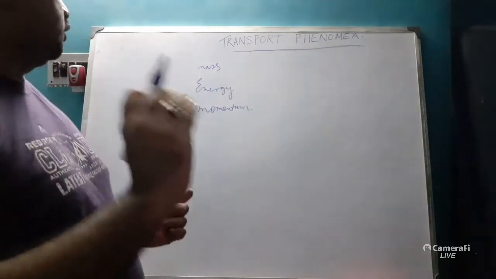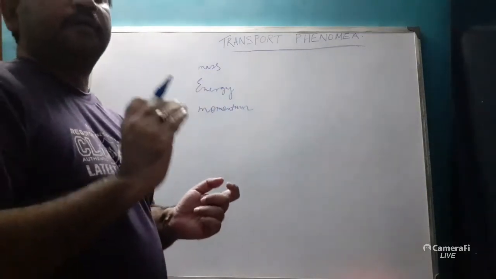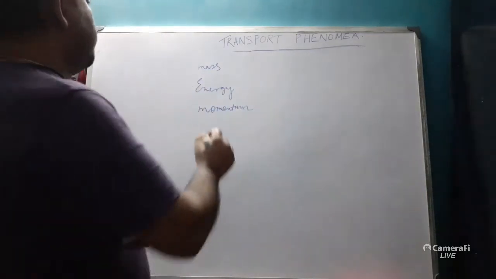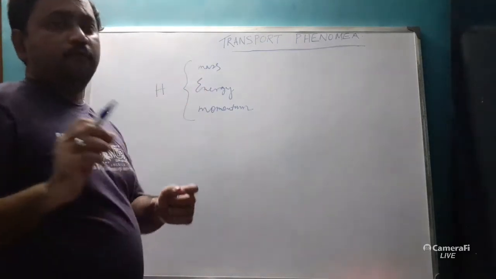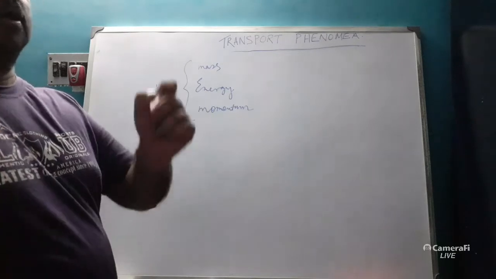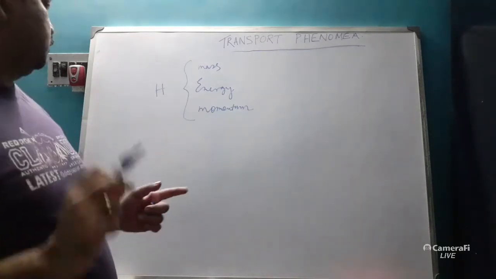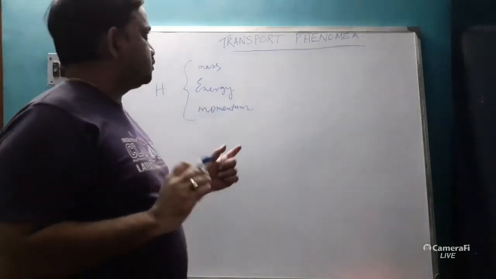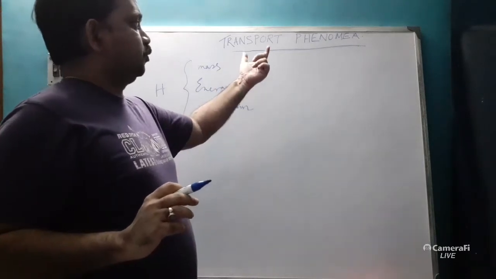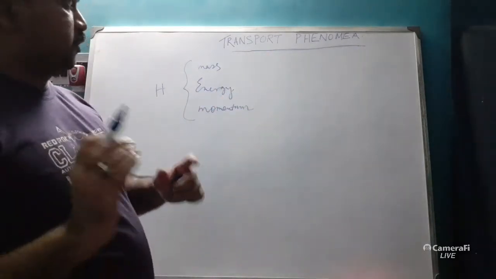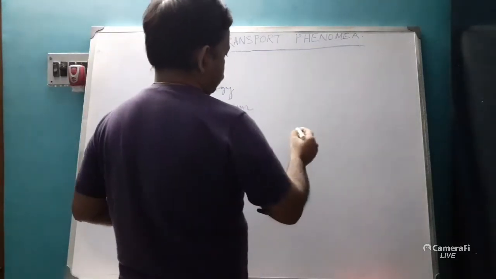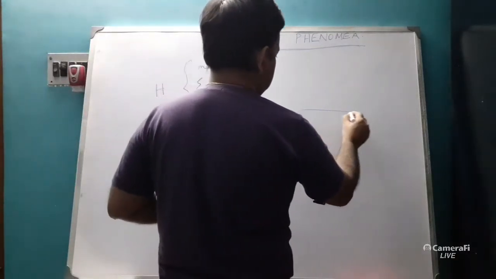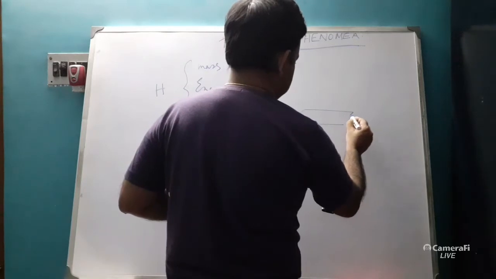We wanted to see how effectively we can transfer these physical quantities, which are denoted by the letter h, from one point in the space to another point in the space effectively. That is the definition of transport phenomena, which is under discussion. Suppose we are having a plane like this.